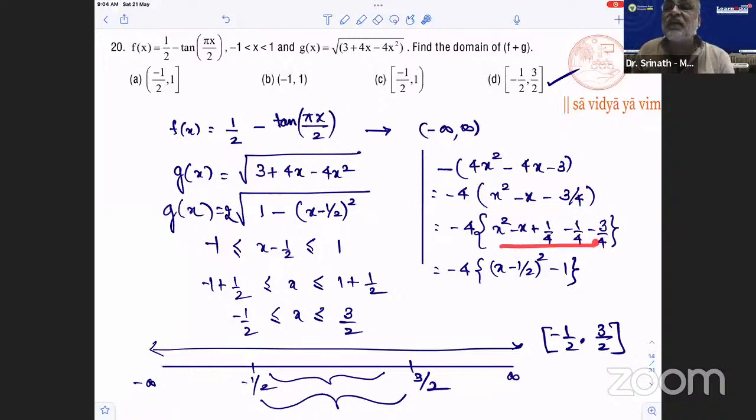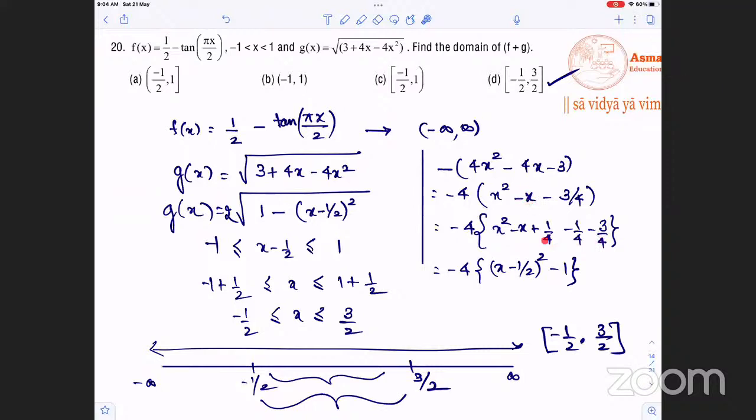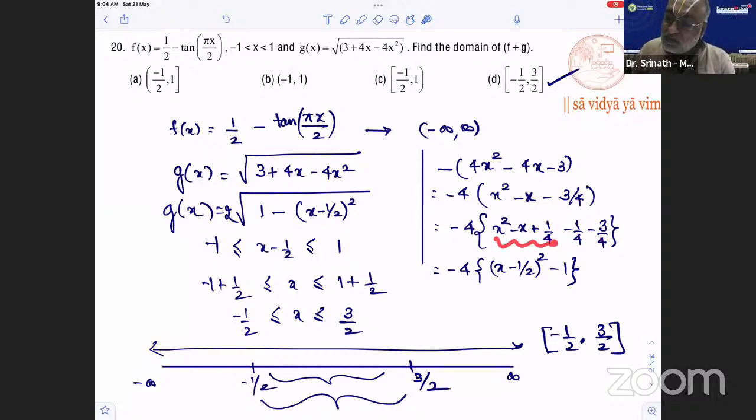I think you have done it even while doing integration. So what we do is, half the coefficient of x, we square, add and subtract. Half the coefficient of x means minus half; that you square, add and subtract. So x square minus x plus 1/4 will become x minus half whole square, and minus 1/4 minus 3/4 is minus 1.